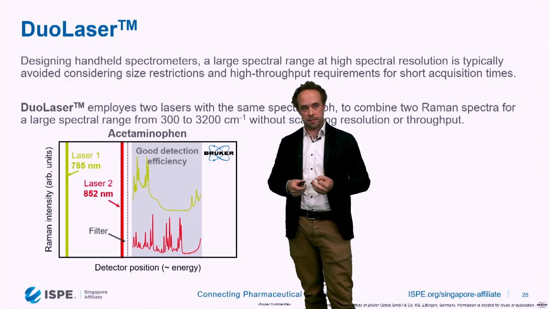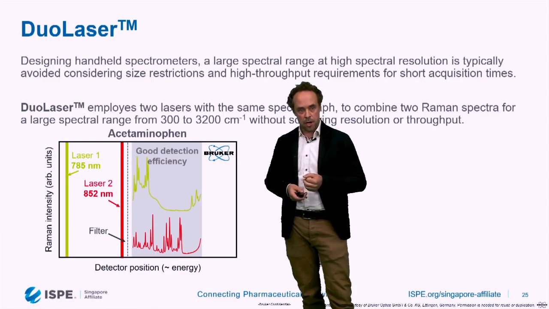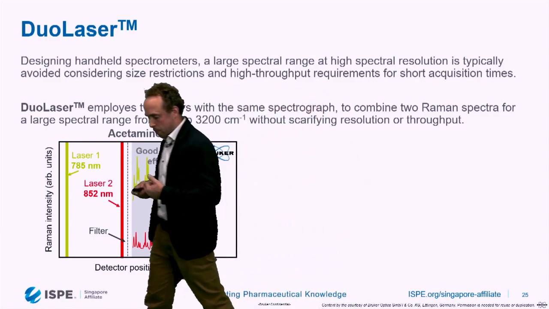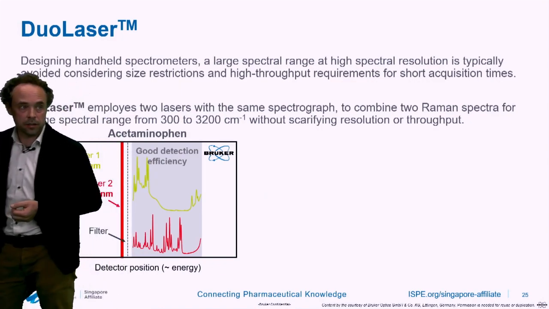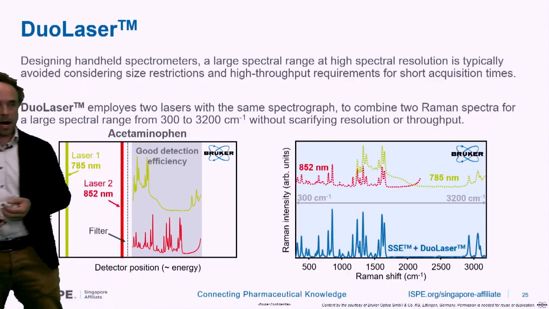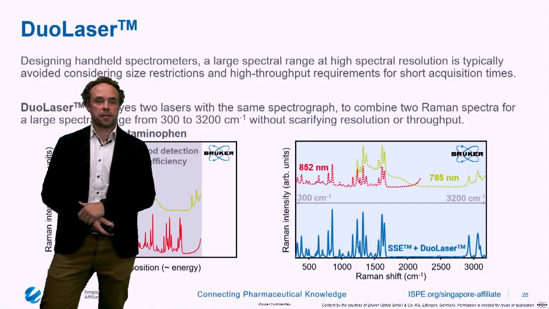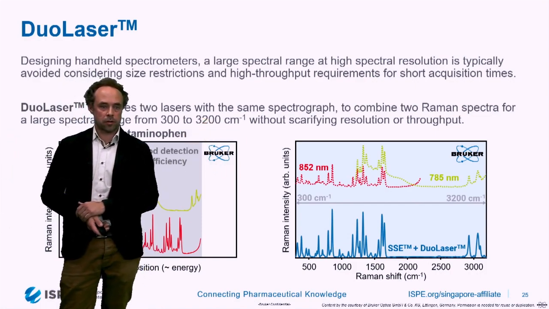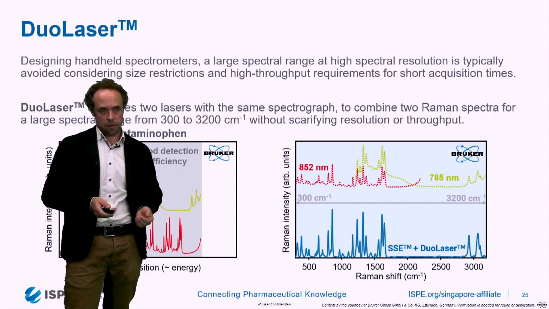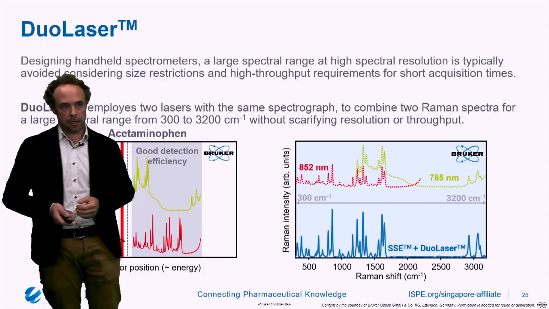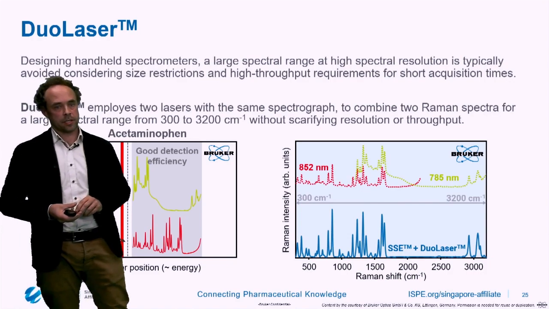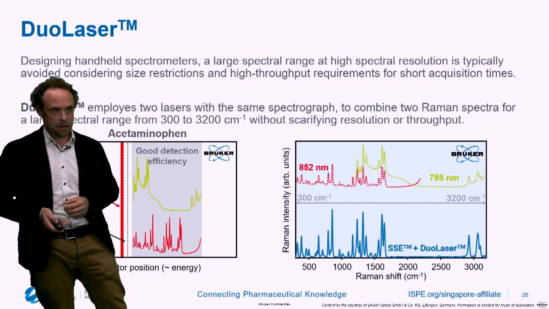So we are receiving two separate spectra, and we apply the SSE technology on each spectrum and combine both spectra to get this full spectral range from 300 to 3200 wave numbers, with the information from the fingerprint region and also information from the CH stretching region around 3000 wave numbers.